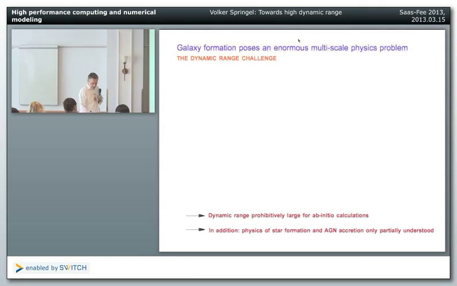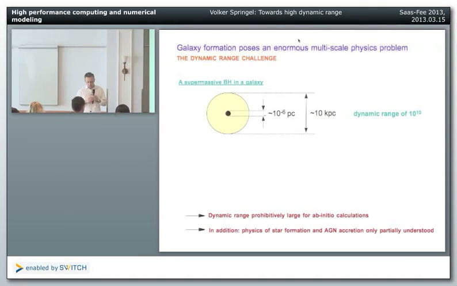Maybe you want to simulate this, then in principle, if you want to address the black hole size and the size of the accretion region around it directly, you're talking about milliparsec scale, so this would be sort of the Schwarzschild radius of the black hole embedded in something of order, say, 10 kpc linear size. So there you go. There you right away have a dynamic range of 10 to the 10 in spatial scales.